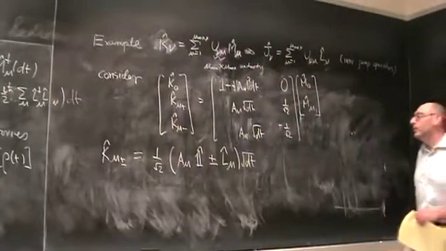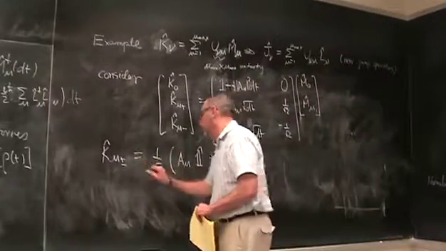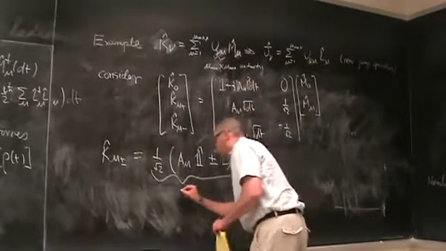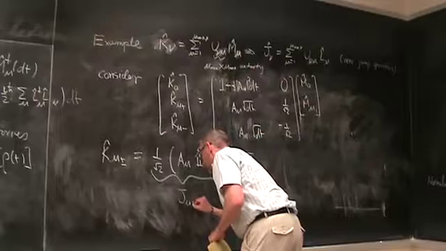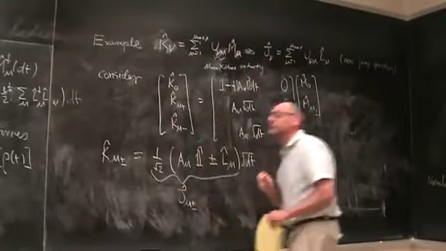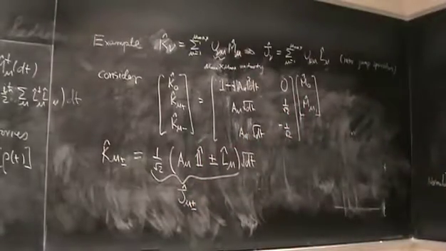Okay. So these K mu, I have two new Krauss operators, and there are two new jump operators we'll call J mu, plus and minus.